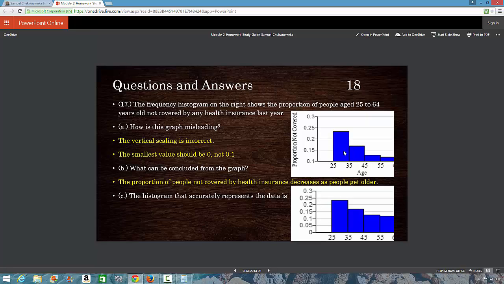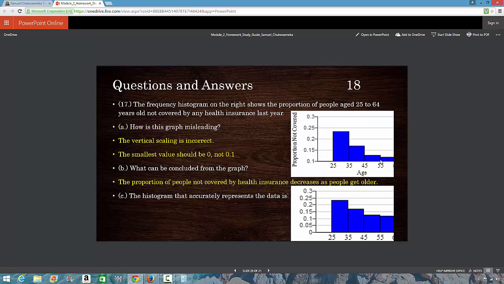How do you interpret this graph? It tells you this: as people begin to age, the proportion of people not covered by health insurance begins to decrease. Young healthy folks usually don't want to buy health insurance.